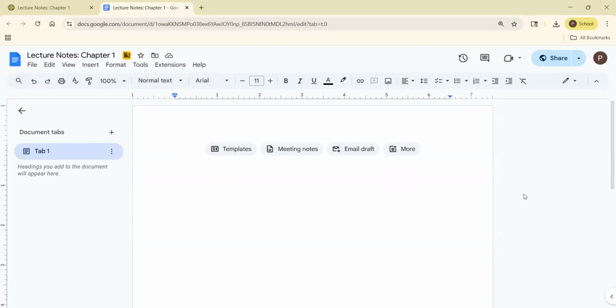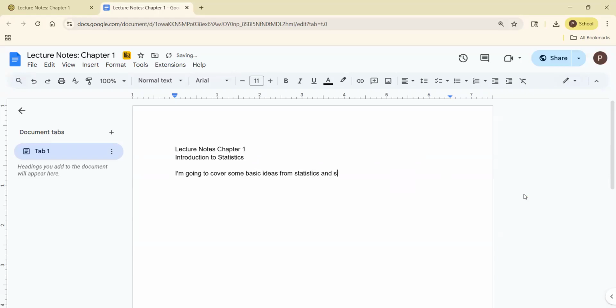And here we go. So this is lecture notes, chapter 1, Introduction to Statistics. I'm going to cover some basic ideas from statistics and study design. First idea is types of data.